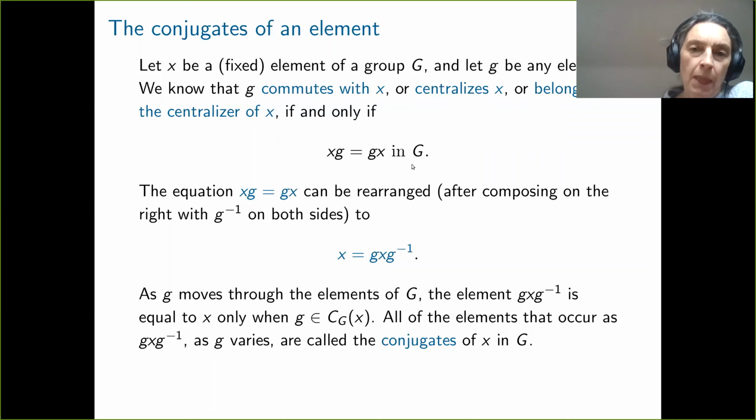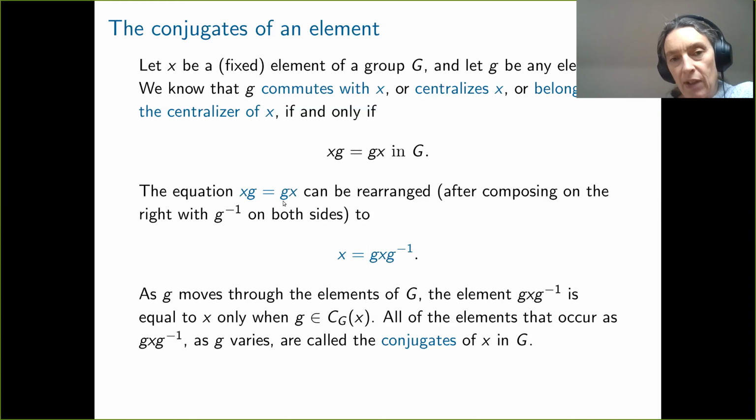The observation is that if we have the situation where x and g commute with each other, so that this equation, xg equals gx, is satisfied, then, because we're in a group, we can rearrange that equation by composing both sides of it on the right with the inverse of g. If we do that, then on the left-hand side, the g and the g inverse cancel each other and we just get x.